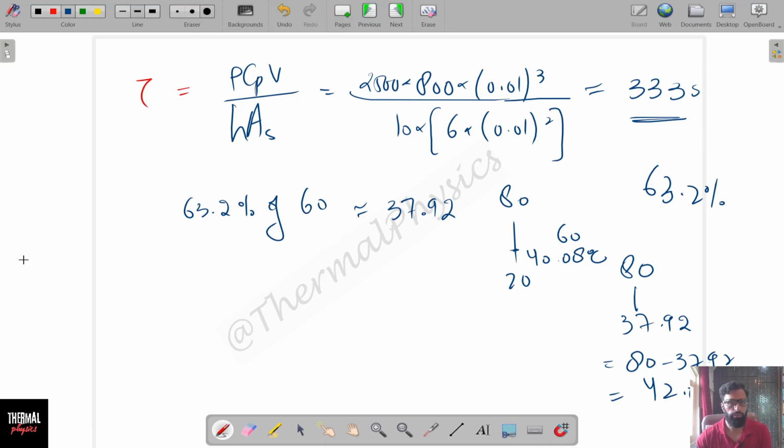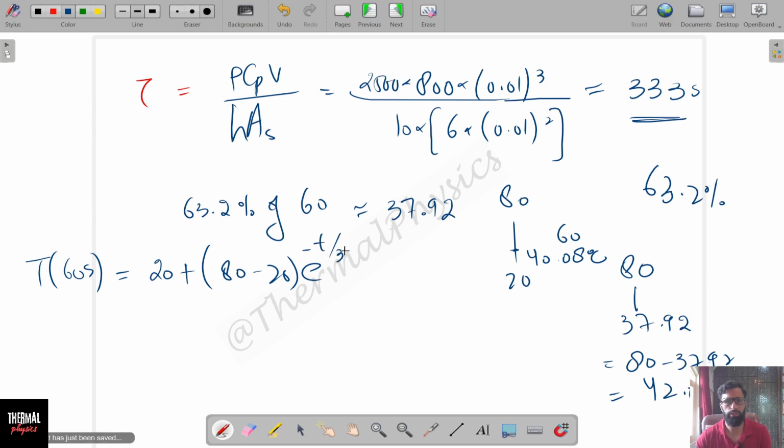Now we have to find the temperature after 60 seconds. The temperature after 60 seconds will be T infinity, which is 20, plus T initial 80 minus T infinity 20, times e to the power minus t divided by tau, where tau is 333 and time here is 60 seconds.